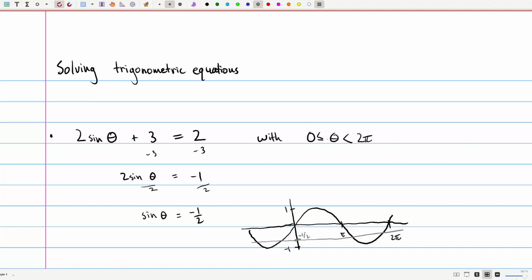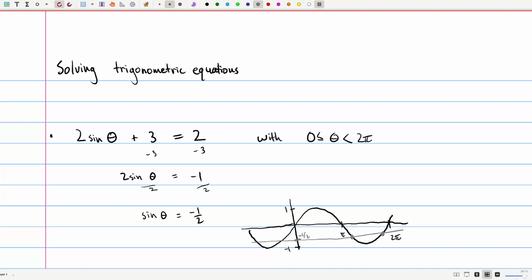In our particular interval that we care about, theta greater than or equal to 0 but less than 2 pi, we can see that there are 2 solutions, and we need to figure out what those are. What we're going to do is calculate, using the inverse trigonometric function, some solution, even though it's not in this interval, and then use that to figure out the other ones.